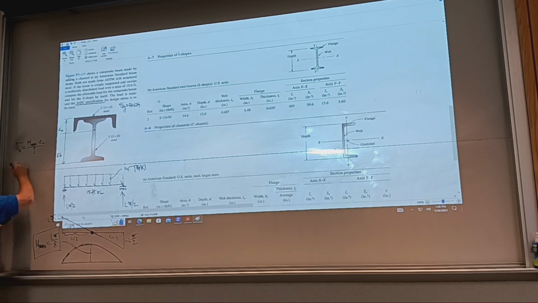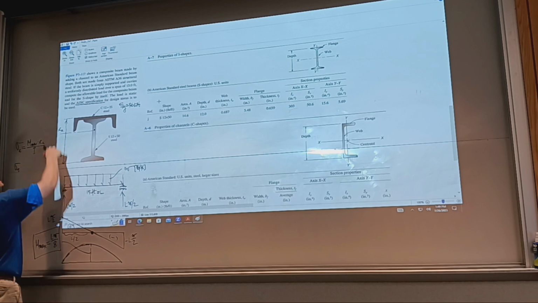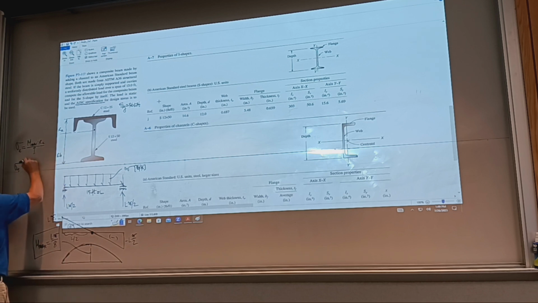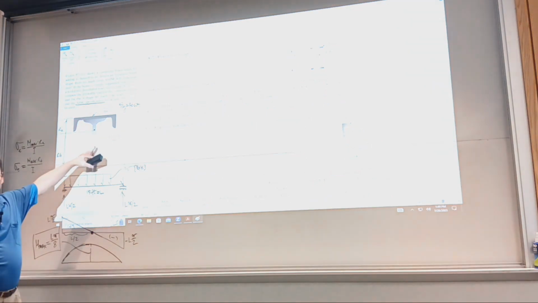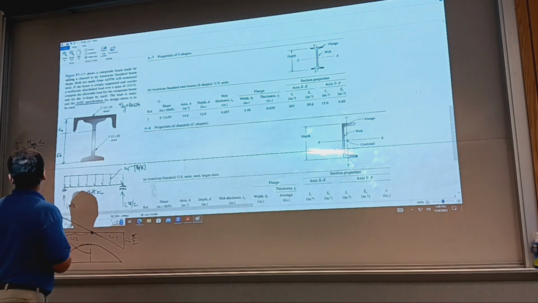This is a compressive stress, and then we have tensile stress below. Or we could have used A and B, and it's going to be the same: moment max times CB over the same area moment of inertia of the entire section. Okay?